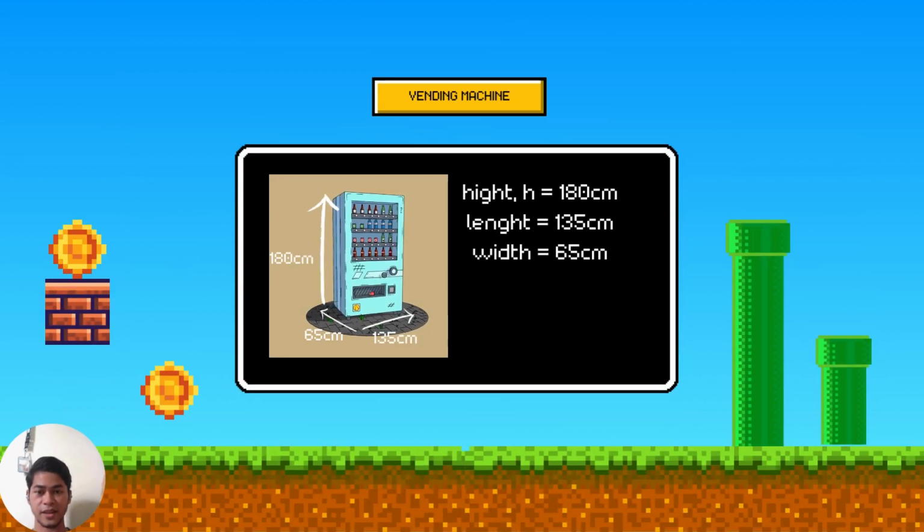I myself have measured the height, length, and width for the vending machine at our local. The height that I measured is 118 centimeter, length 135 centimeter, and width is 65 centimeter.